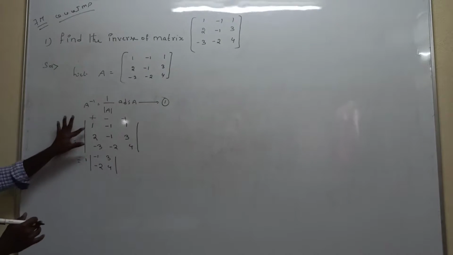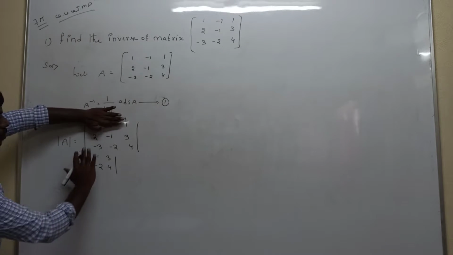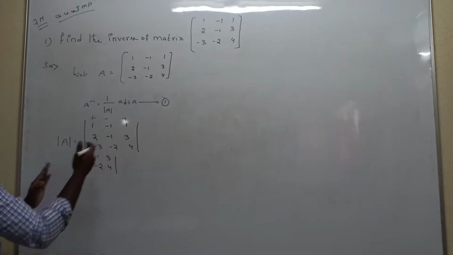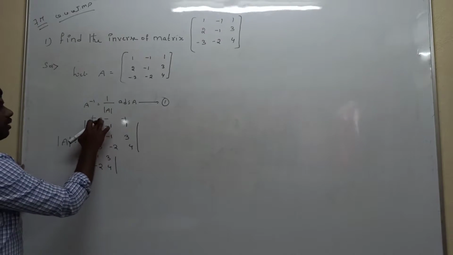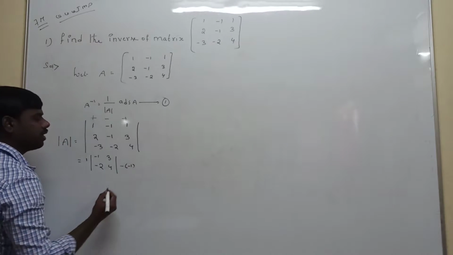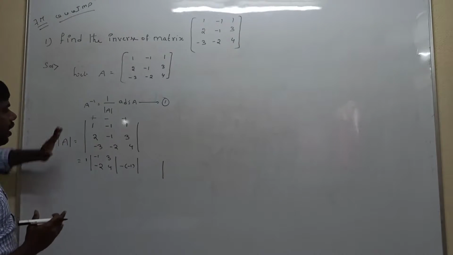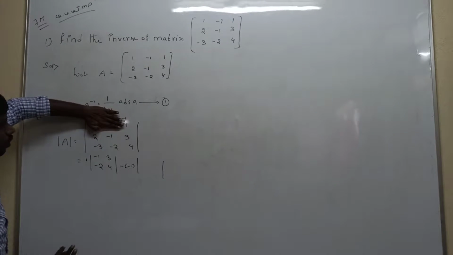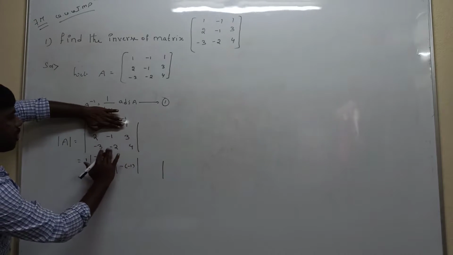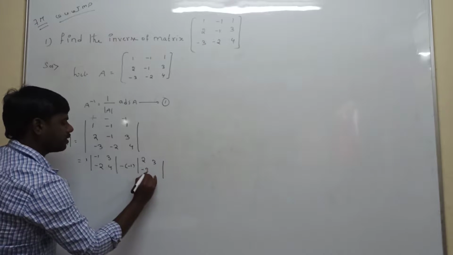The symbol is plus. Then the second element is minus 1, with symbol minus. Minus 1 is present in the first row, second column; eliminate, and the remaining elements are 2, 3; minus 3, 4.